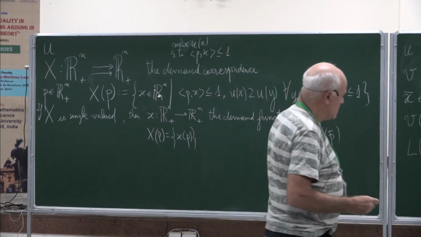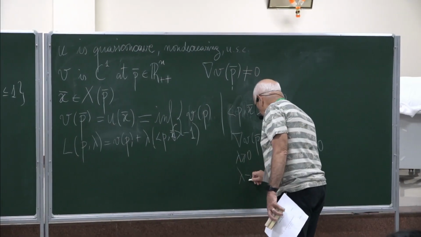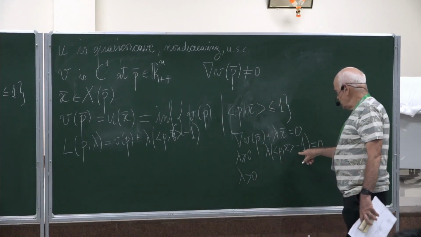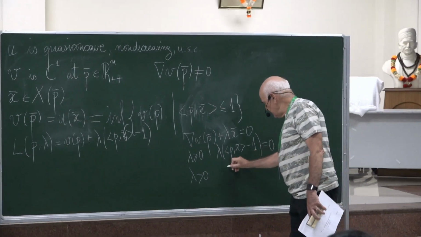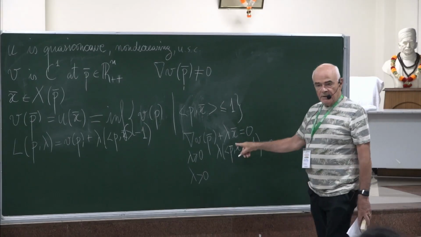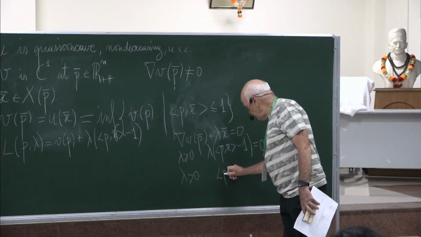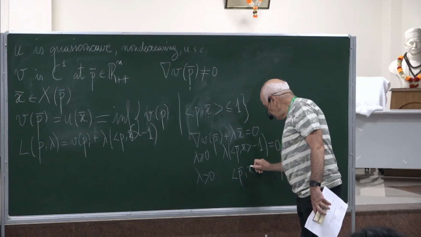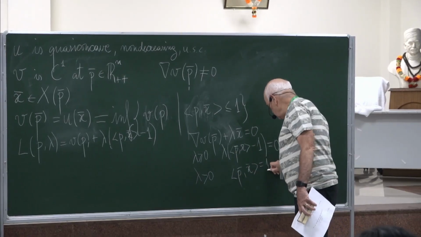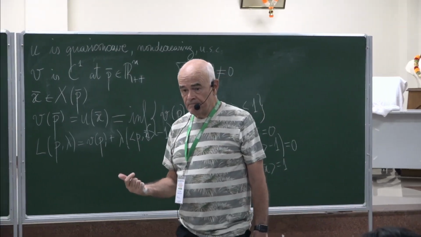So lambda must be strictly positive. So this factor is equal to 0. Sorry, this is P bar, okay? We are writing this for the optimal solution. So P bar x bar is equal to 1. This means I'm spending all my money, my 1 rupee.